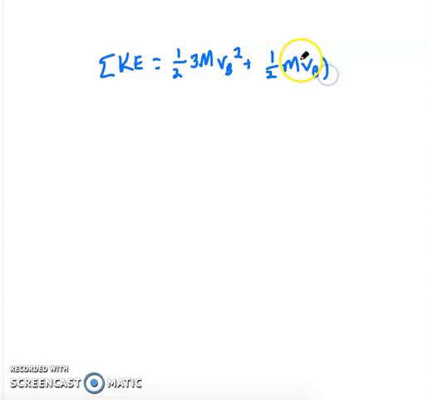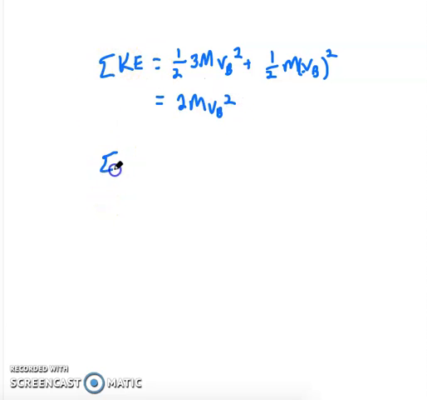Technically it's negative, I'll throw a negative in there just to be thorough, but that's fine. So we have 3/2 mVB squared plus 1/2 mVB squared. So 3/2 and a half is 2 mVB squared. All right, so there's the before.